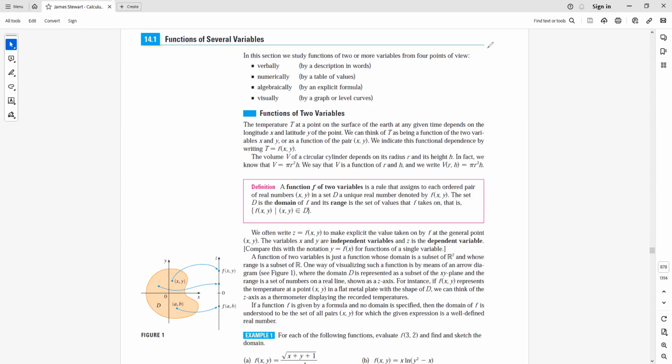Before embarking into the topic, let's start with some basic single variable calculus, in which we write a single variable function as y equals f of x, where y is the dependent variable and x is the independent variable.